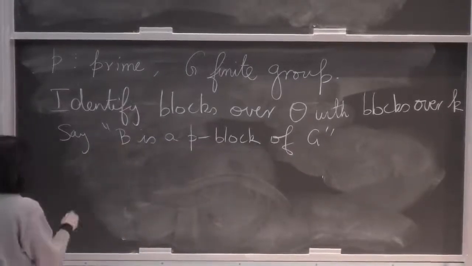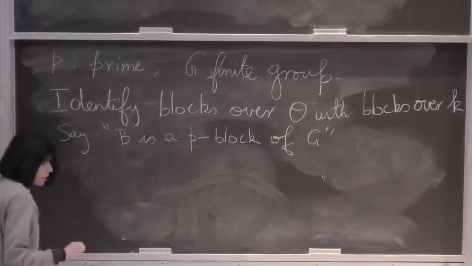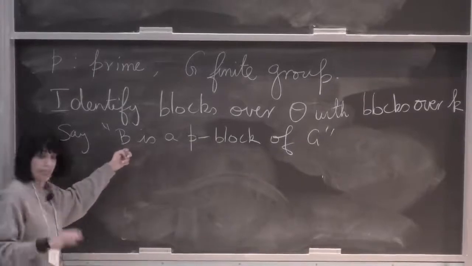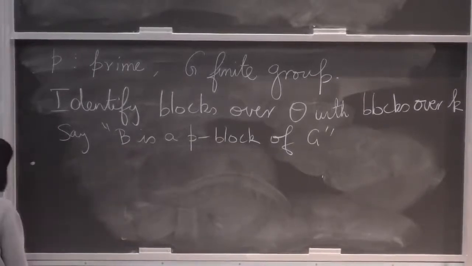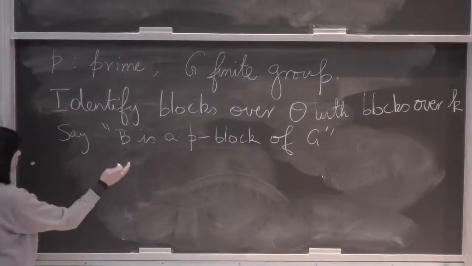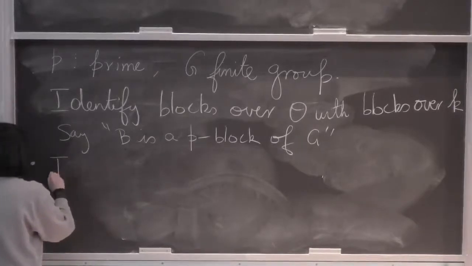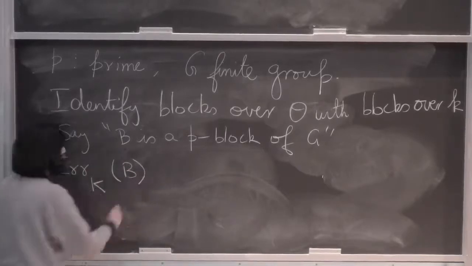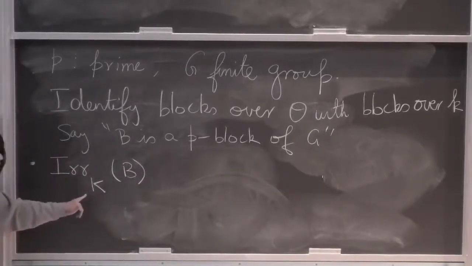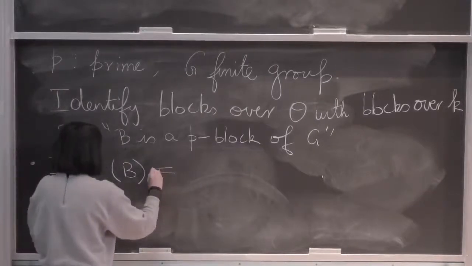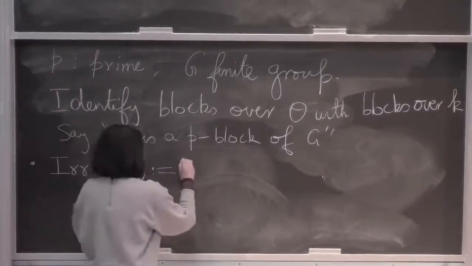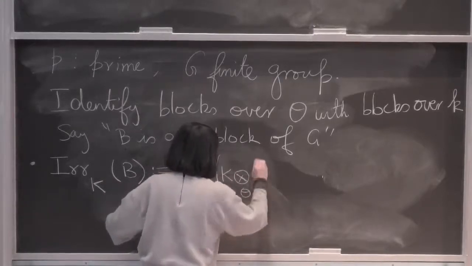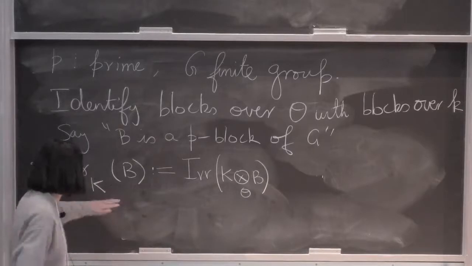And also, now I want to recall some important things that are associated to a given block. We've seen this in several lecture series. What is very interesting is, I'm changing notation a little bit again from my first lecture. So this is Irr K B, which was what I called Irr of k tensored over O of B. This one is just a little less clunky, so I'm going to use this.